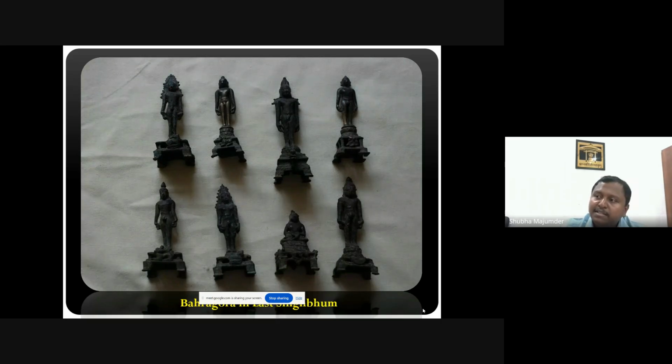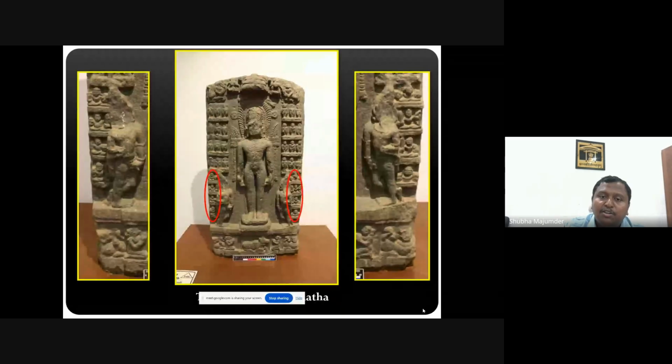You can see that these images are artistically very much associated with the other Jain images found from Bihar, some from a bronze hoard from Bihar. So these are some Rishabhnath and other images also found from Jharkhand and presently displayed in the State Archaeology Museum.